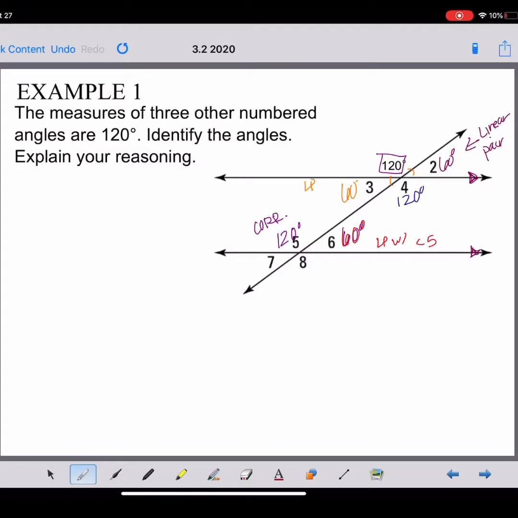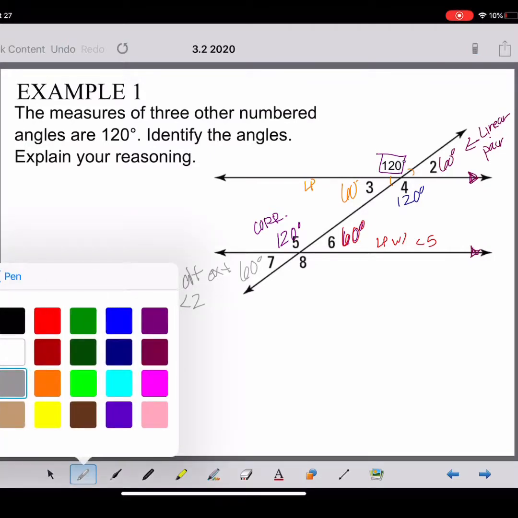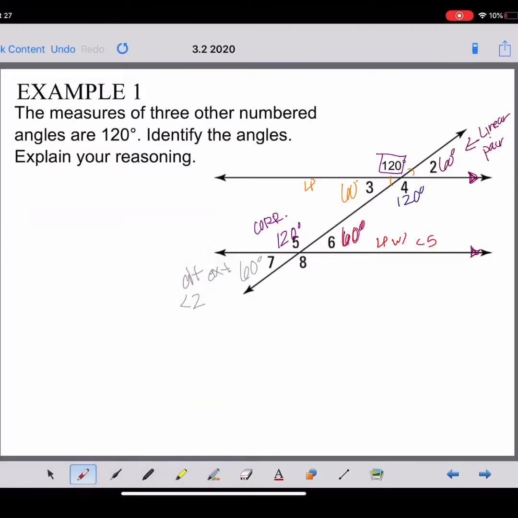Angle 7 is also 60 degrees. You could say because it's a linear pair with 5, or alternate exterior angles with angle 2, or vertical angles with angle 6. Multiple reasons why it's 60 degrees. And then lastly, angle 8 is 120 degrees. You could say it's alternate exterior angles with 120, or vertical angles with angle 5. You have a lot of choices.